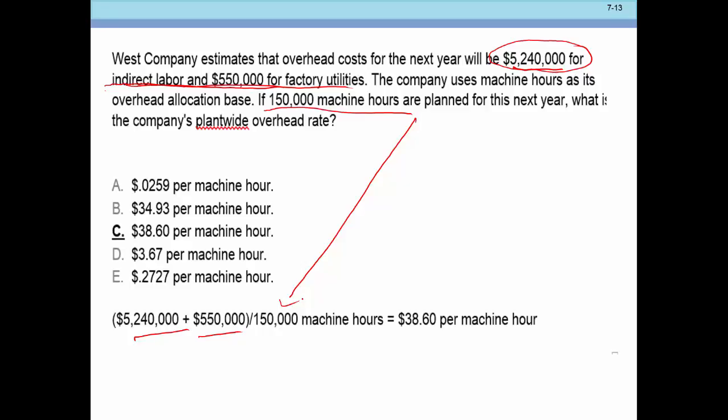I don't know, but there's a potential distortion there. Okay, so we're going to see that we would probably come up with multiple rates, or at least 2 rates, based on this same fact pattern if we wanted to, right? Okay, good.